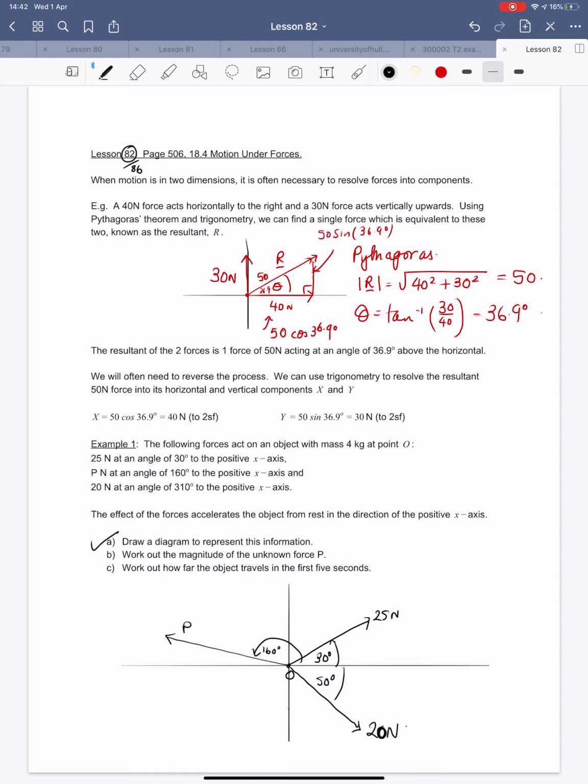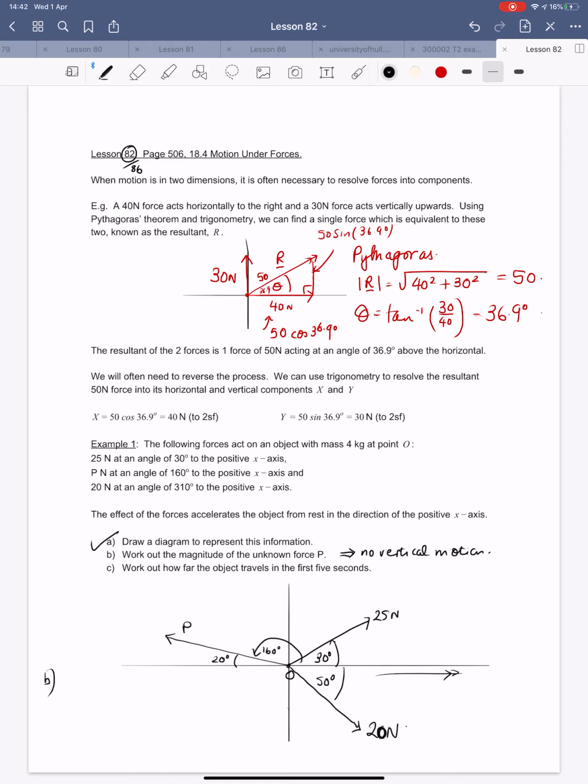The effect of the forces accelerates the object from rest in the direction of the positive x-axis. So this means there's no vertical motion. So basically, the vertical forces have to equal 0. So B, that's going to be 20 degrees there to make up to 180.